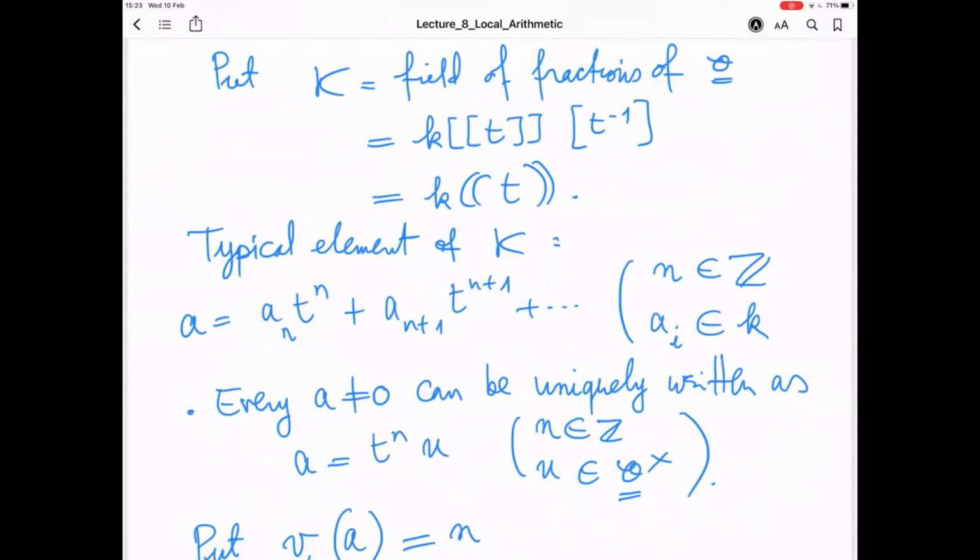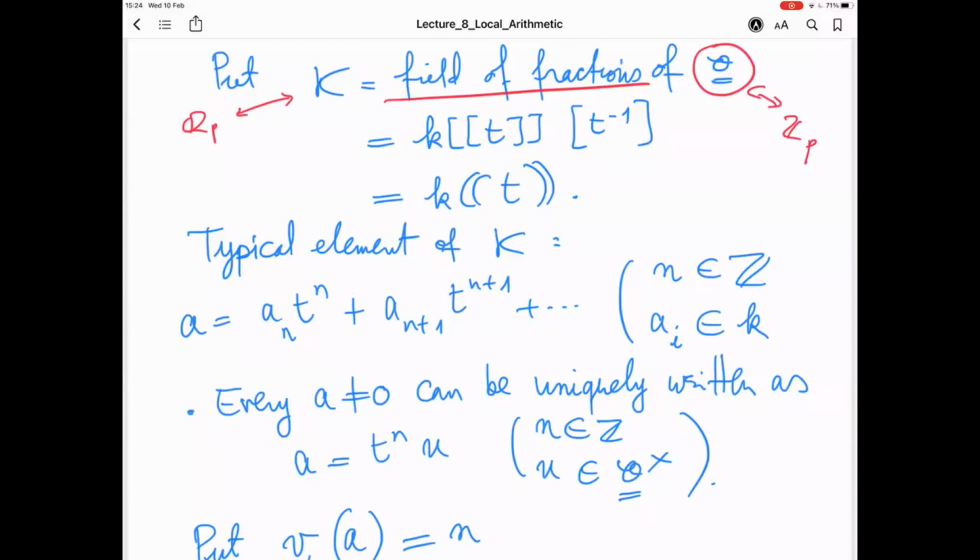Now, we have seen that this is an integral ring, so I can take its field of fractions. This K will be analogous to the field Qp, because O was analogous to the ring Zp.